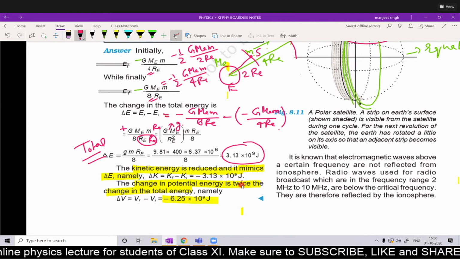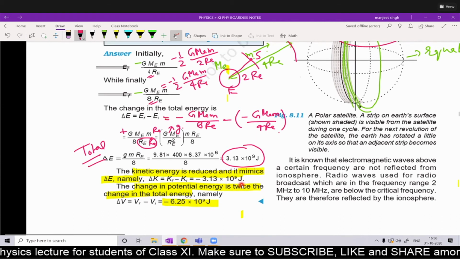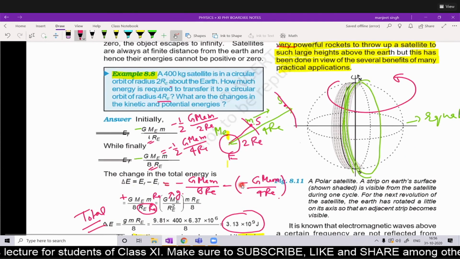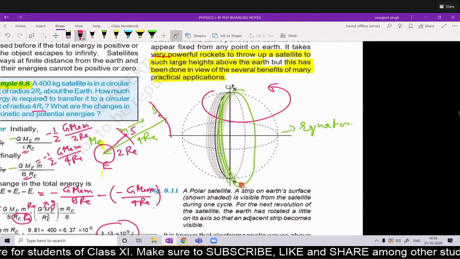Okay, so these energy variations are explained and we can remember these formulas very easily.